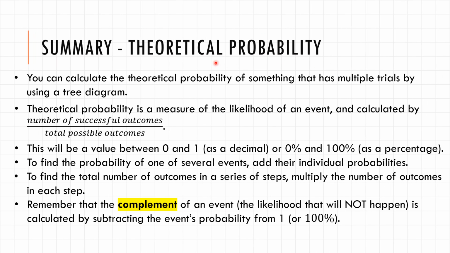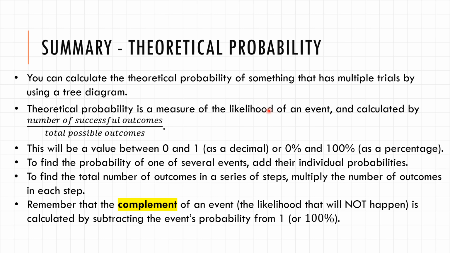And that's really what this lesson is all about, theoretical probability. You can calculate the theoretical probability of something that has multiple trials in it or multiple steps by using a tree diagram. What is theoretical probability? It's a measure of how likely an event is to happen.